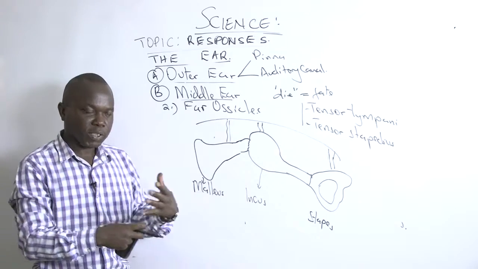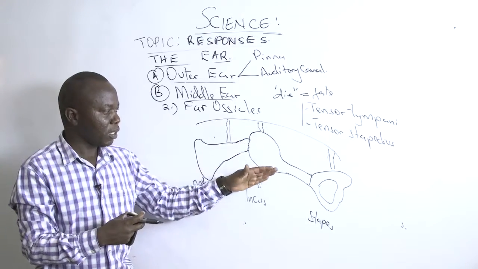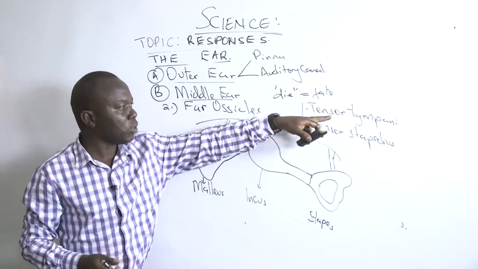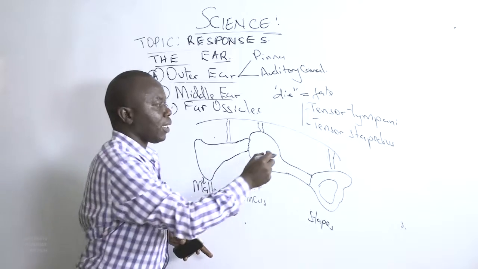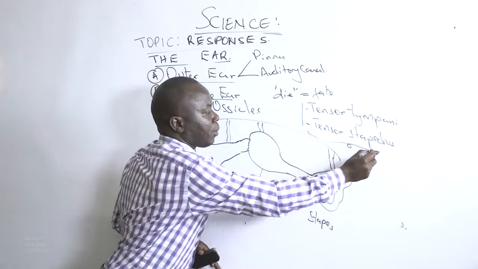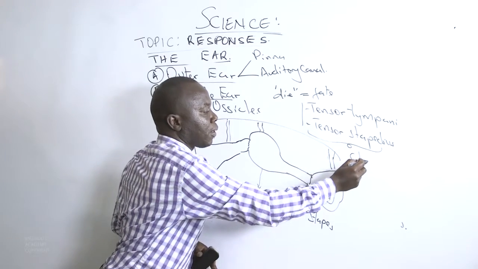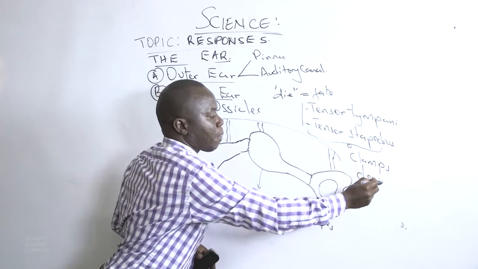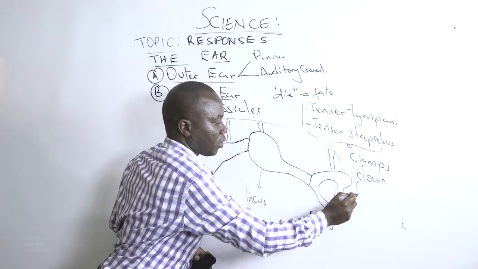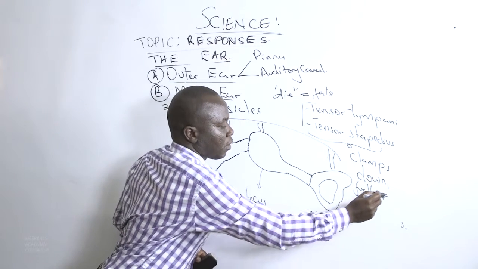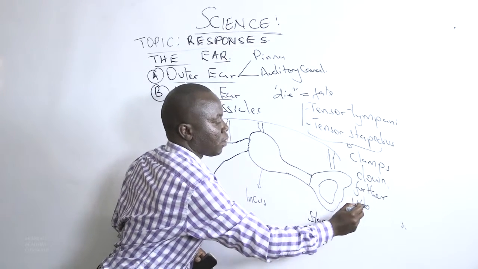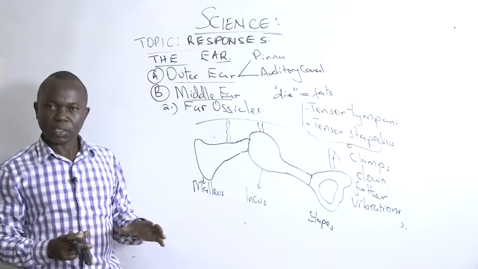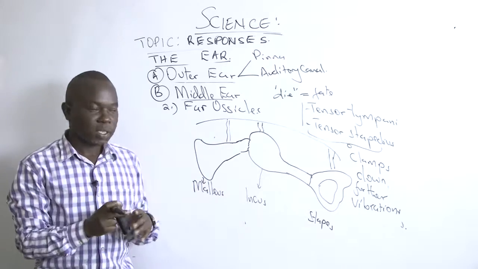So these two, the tensor tympani and tensor stapedius, usually clamp down further vibrations. This is important so that there is no merging of sounds.